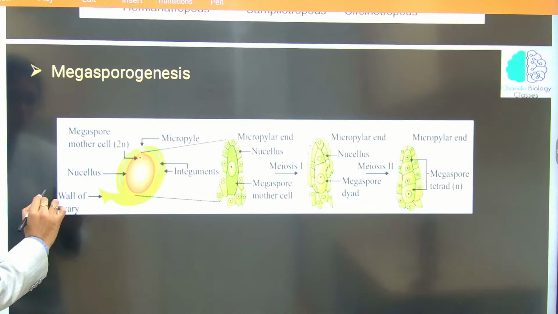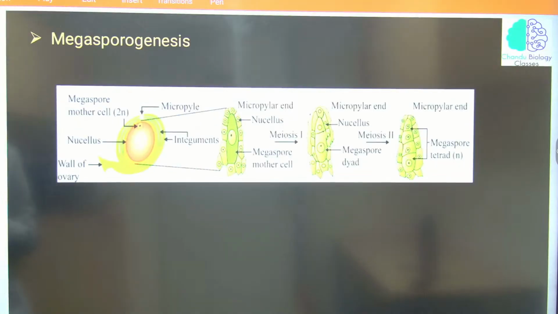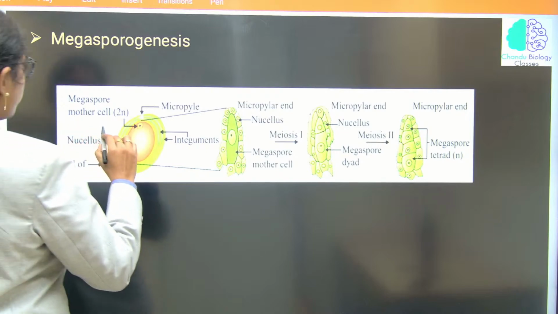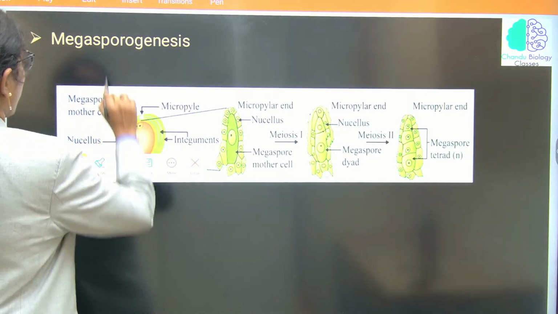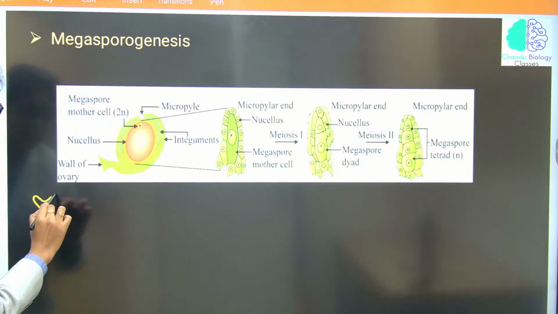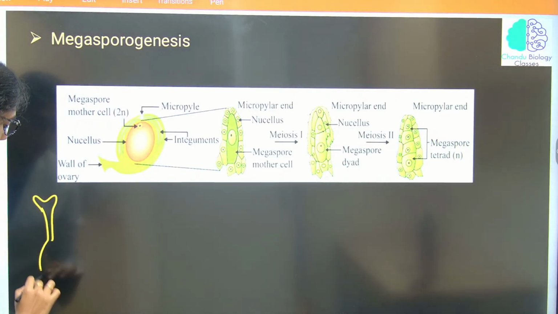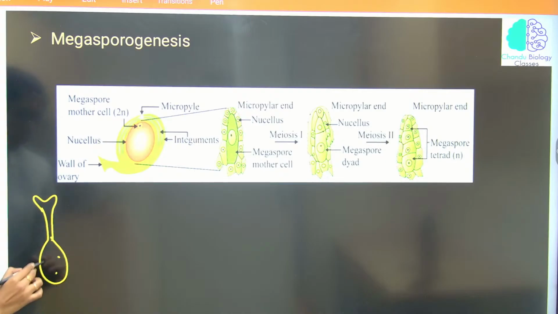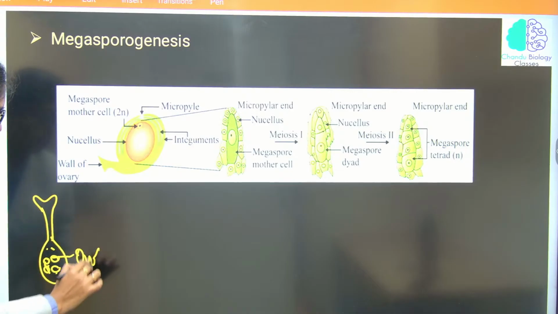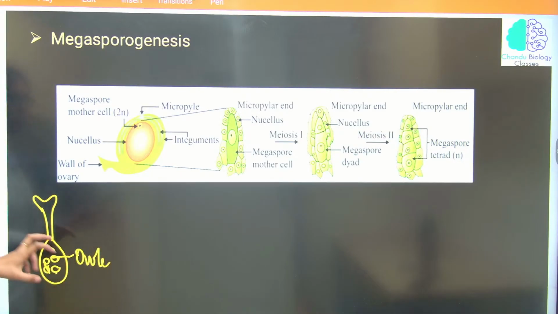Yesterday we learnt a single carpel unit will have stigma, style and ovary. Inside the ovary there will be placenta and locules, and inside locules you will have ovules.